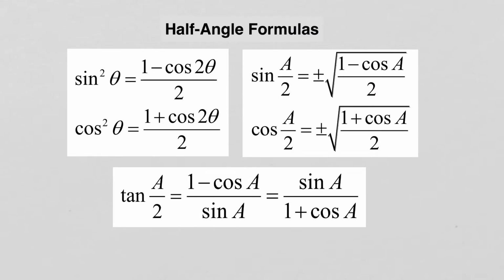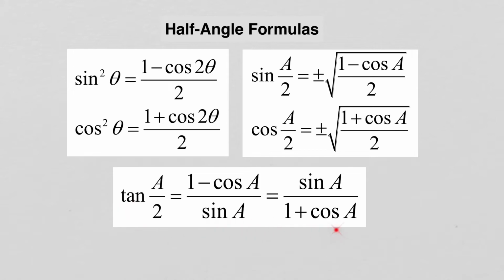So just to summarize, here are the half-angle formulas. We have the formulas in what I like to call their squared format, and then we have them in their square root format. And you can use either one of these. It just depends on the problem. And there is also a half-angle formula for the tangent function.